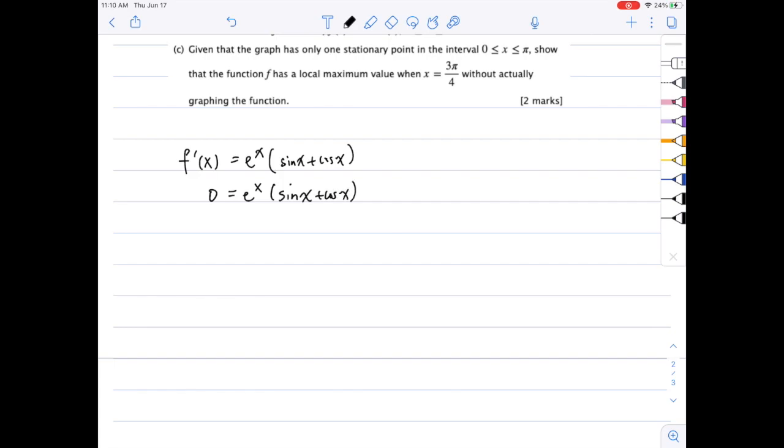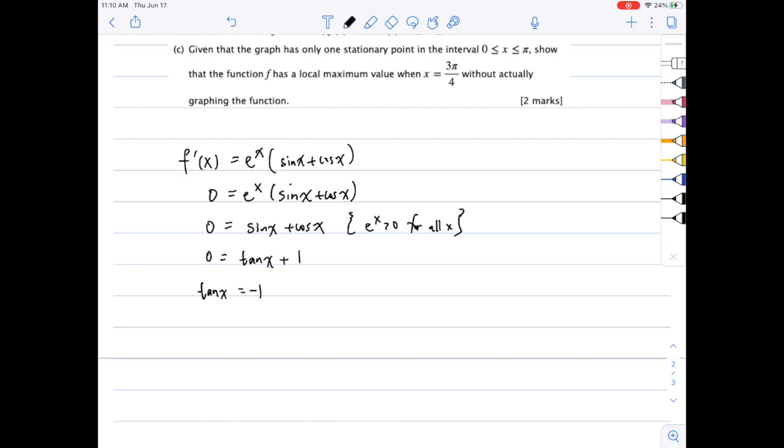And this will be equal to 0 when sine x plus cosine x is 0. The reason for this is e to the x is positive for all x. And then we can divide through by cosine x. If we divide through by cosine x, we get 0 equals tan x plus 1. That means tan x has to be equal to negative 1.